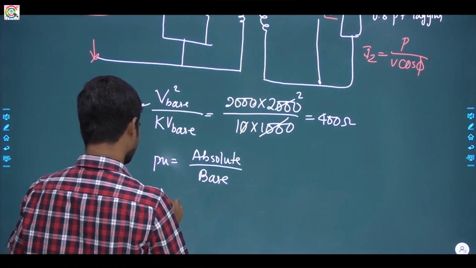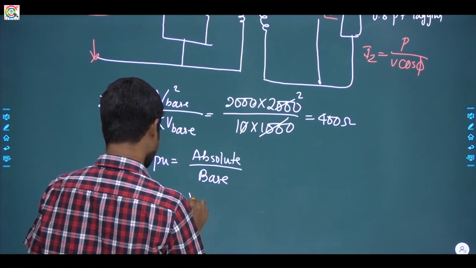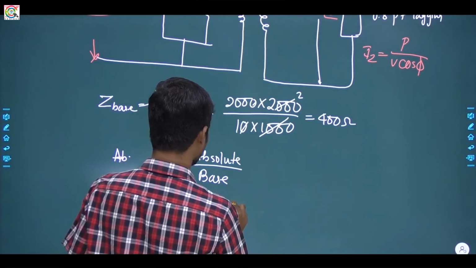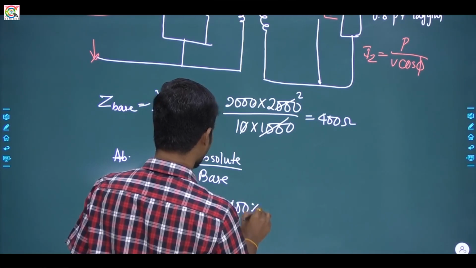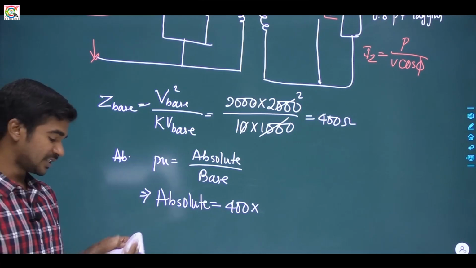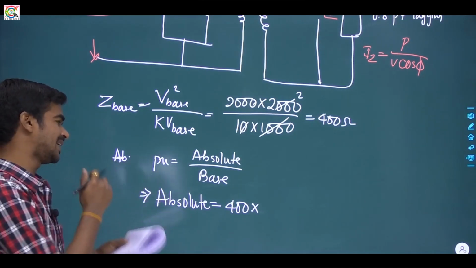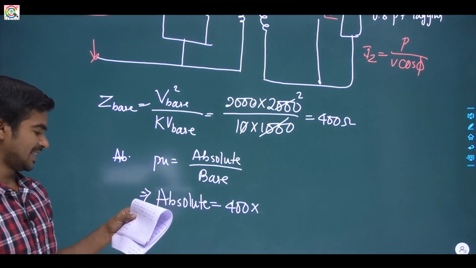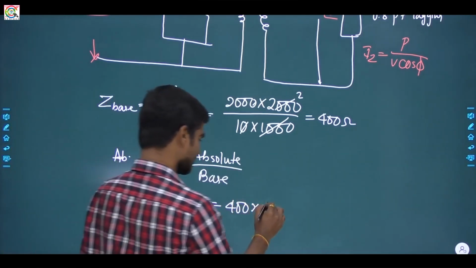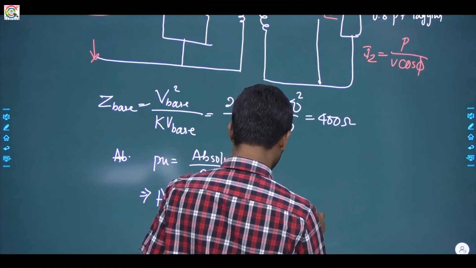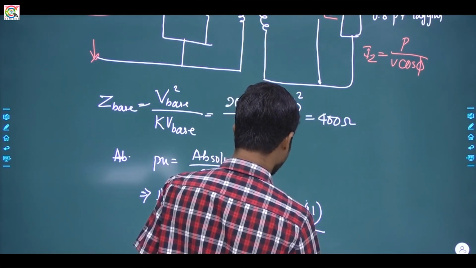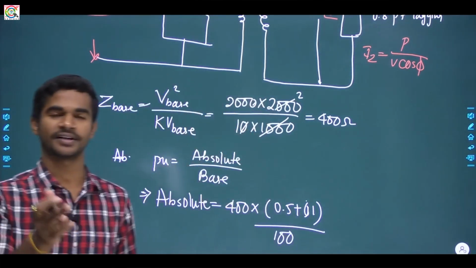So what will be the absolute value? The base is 400, multiplied by the per unit value. No, this is not the per unit, this one is the percentage, meaning we have to divide by 100. So it will be 0.5 plus j1 divided by 100, because this one is the percentage impedance, not the per unit.